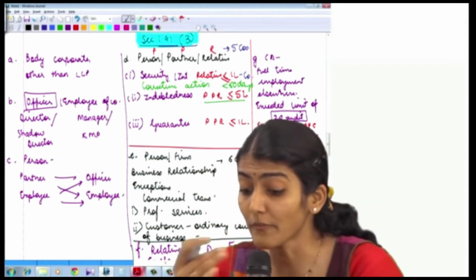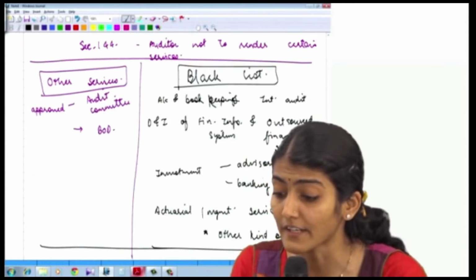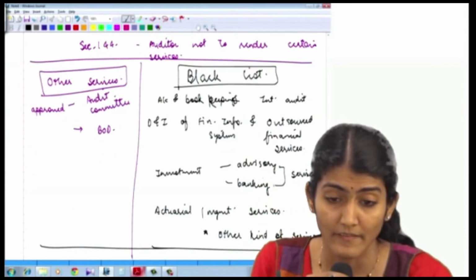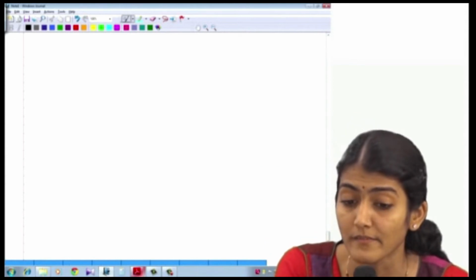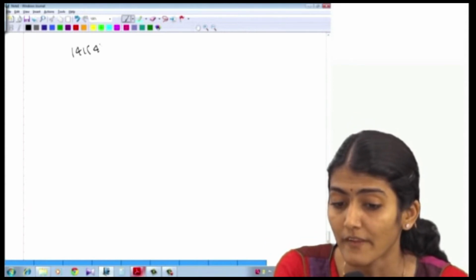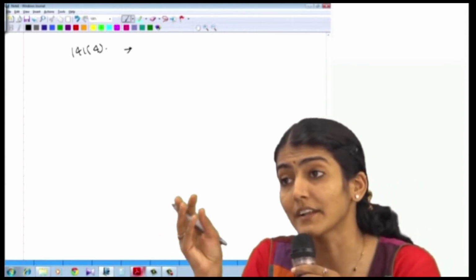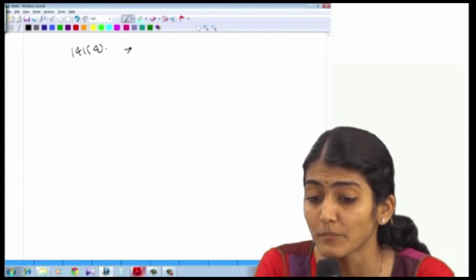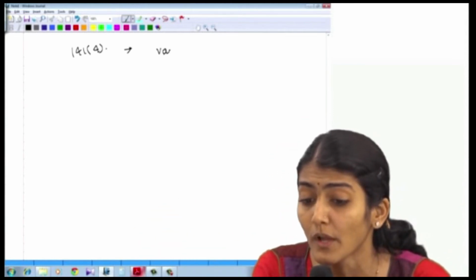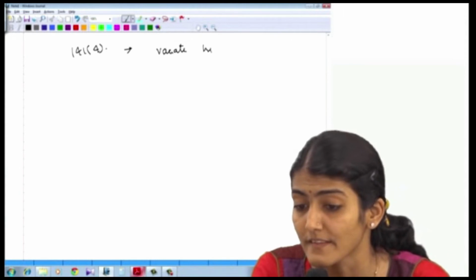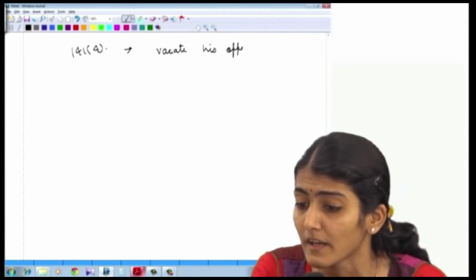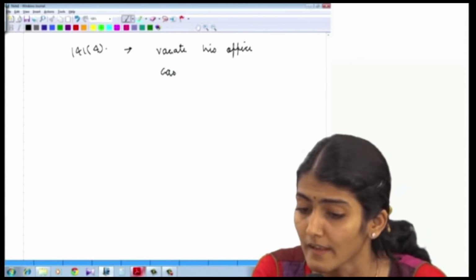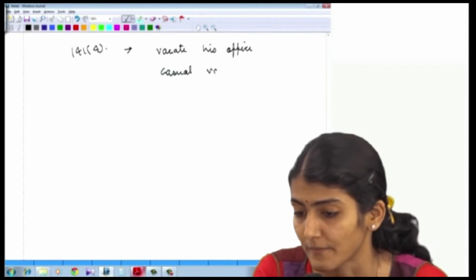And what if any of the disqualification is attracted after appointment? Then in your answers, you require this 141(4), no? If any of the disqualification is attracted after appointment, the auditor will have to vacate his office, and such vacancy shall be deemed to be a casual vacancy in the office of the auditor.